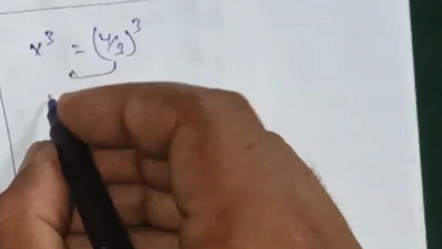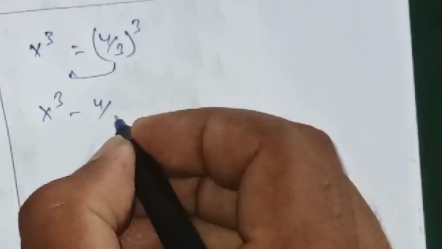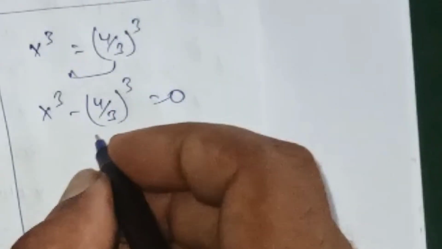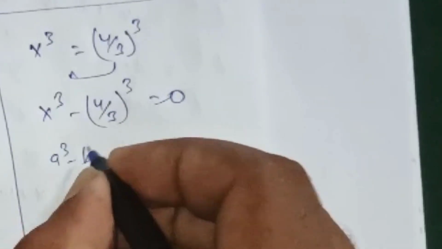This comes to this side: x^3 minus (4/3)^3 is equal to 0. See here, this is in the form of a cube minus b cube.